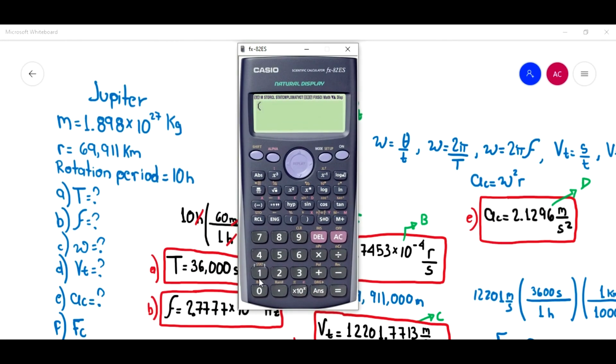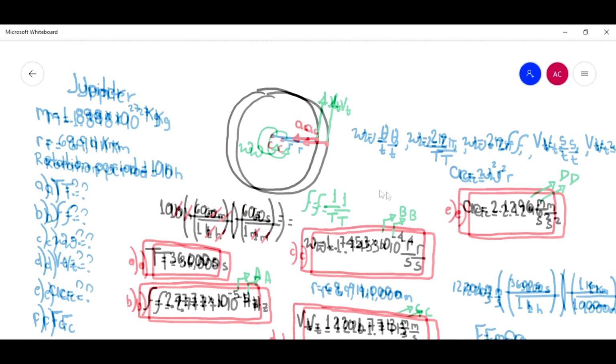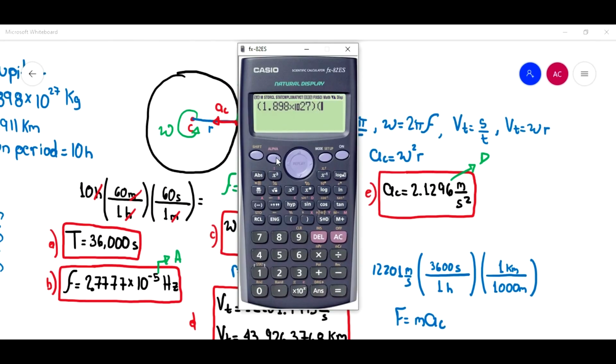Parentheses 1.898, and I'm going to use this key over here, times 10 raised to 27 kilograms. That multiplies the letter D, and that would be the centripetal force.